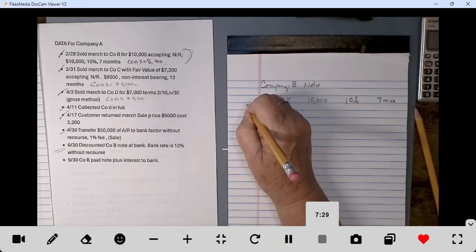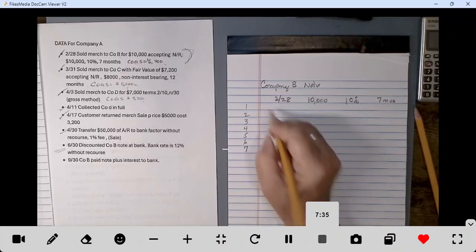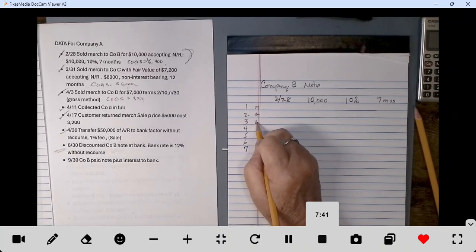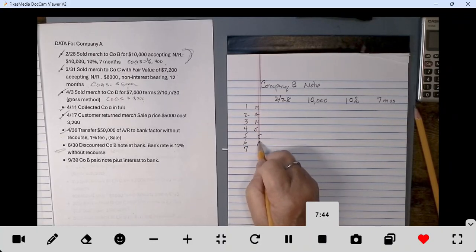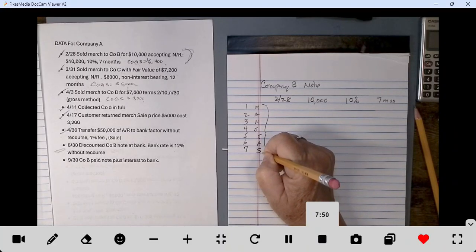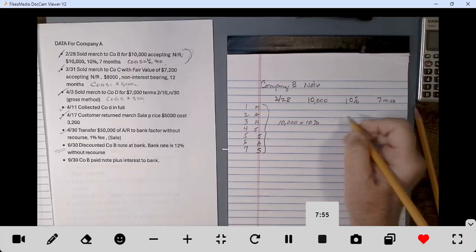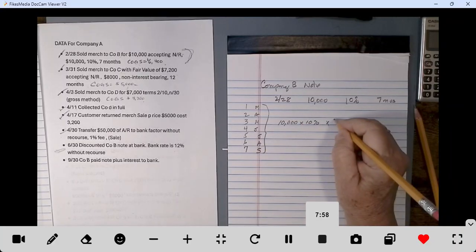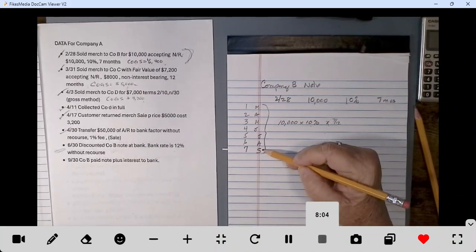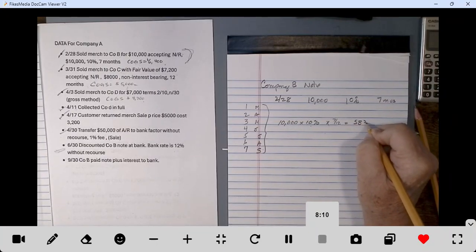If we do our timeline, 1, 2, 3, 4, 5, 6, 7 months, 2/28, the first month is March, April, May, June, July, August, September. This is the entire note, and its value is 10,000 times 10% times 7/12. Interest is always on an annual basis, so when we have a note that's shorter than annual, we have to allocate it. And that equals 583.